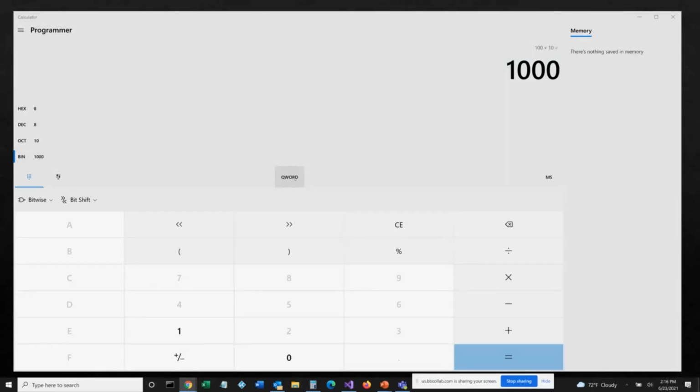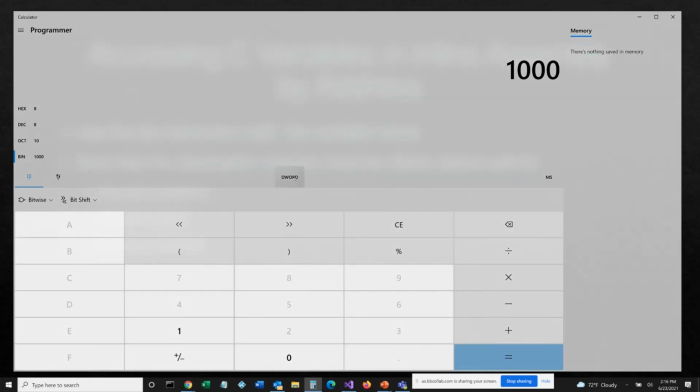Q word stands for quad word, which is 8 bytes. We can switch that to D word, that's double word, 4 bytes. Word is 2 bytes, and byte, of course, is a single byte, 8 bits.